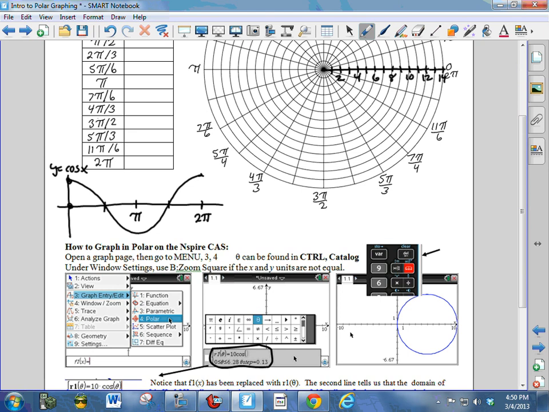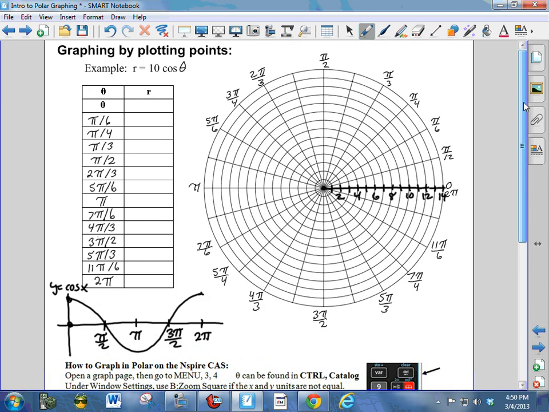It will cross the x-axis a fourth of the way through its cycle at pi over 2, and then at 3 pi over 2. So I know from this graph that cosine of 0 is 1, cosine of pi over 2 is 0, cosine of pi is -1, cosine of 3 pi over 2 is 0, and cosine of 2 pi is 1.